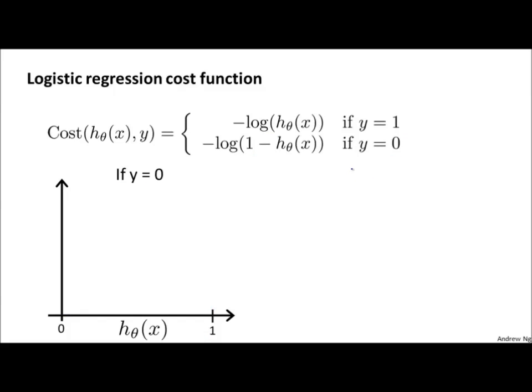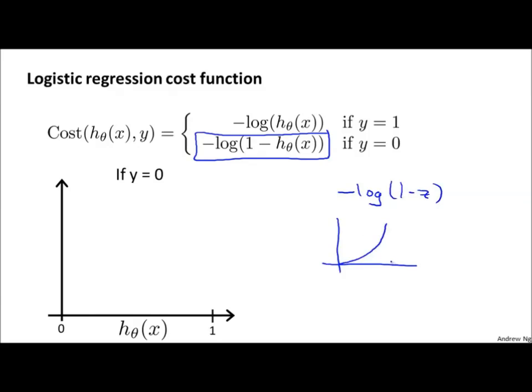Let's plot the cost function for the case of y equals 0. If you look at this expression, and if you plot minus log 1 minus z, you get a figure that looks like this, which goes from 0 to 1 with the z-axis on the horizontal axis. So if you take this cost function and plot it for the case of y equals 0, what you get is that the cost function looks like this. And this cost function blows up, or goes to positive infinity, as h of x goes to 1.